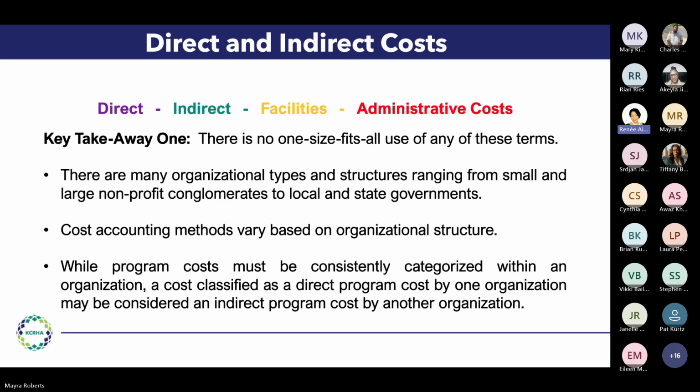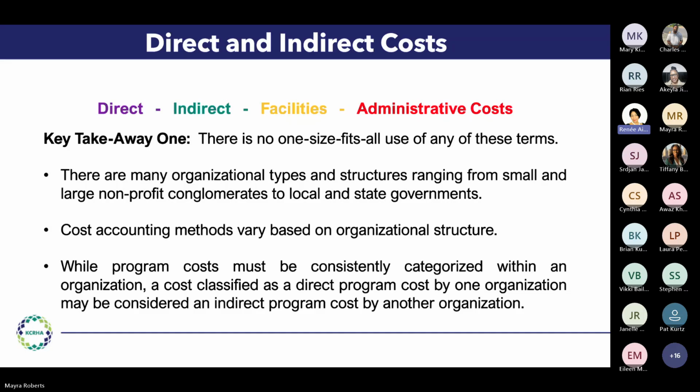Some are local and some are state government. And so their cost accounting methods may vary, and they will vary based on your organizational structure. So you can't necessarily compare what one agency is doing to what another is doing, because again, it depends on that particular agency, its size, and what their cost allocation plan includes, right?